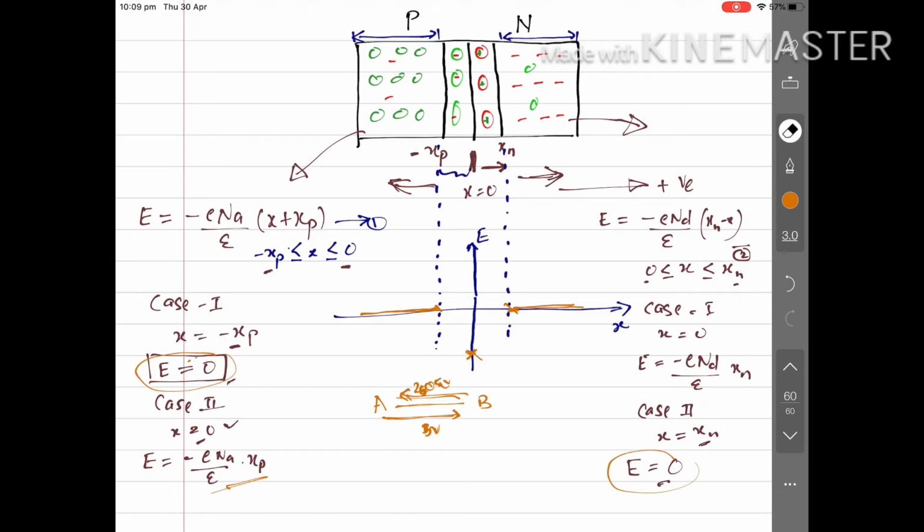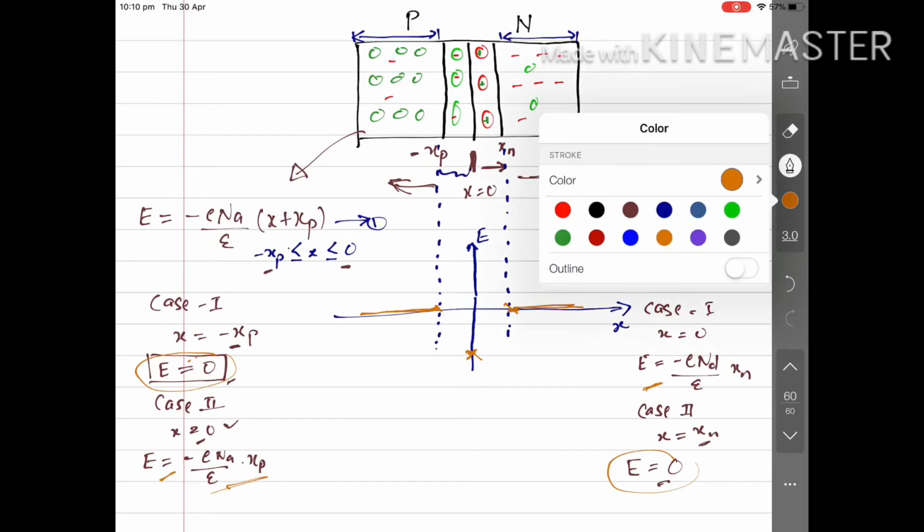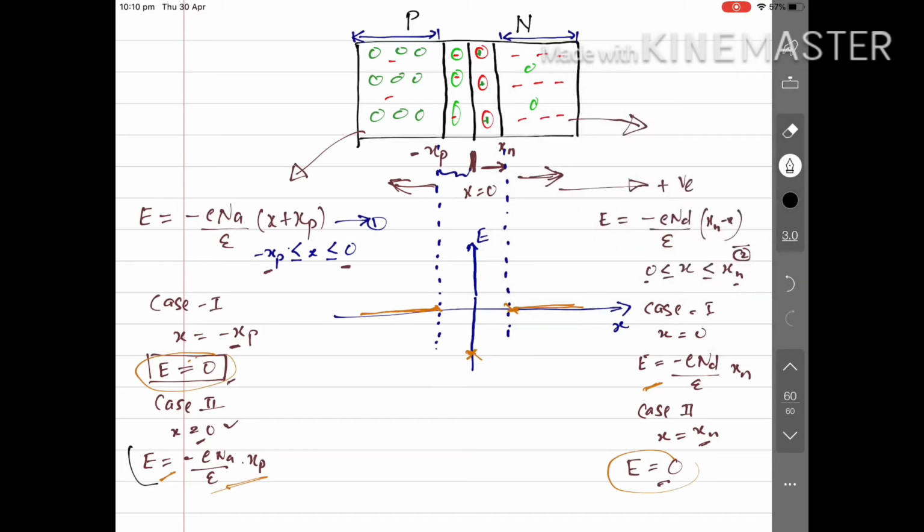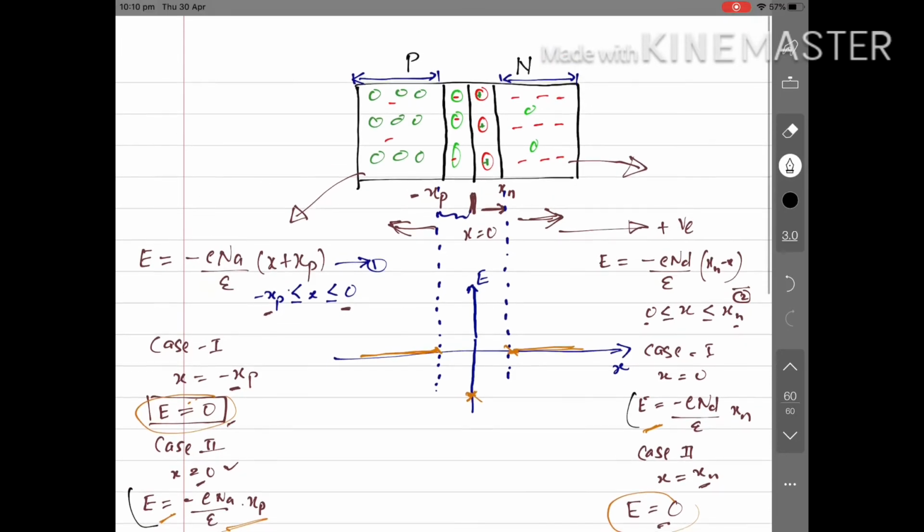So at the same point, x is equal to 0, the electric field would be the same. So this value and this value will be the same.